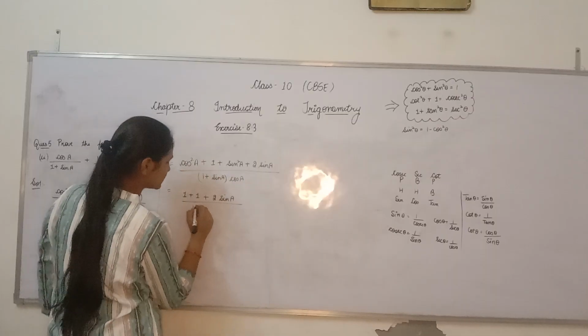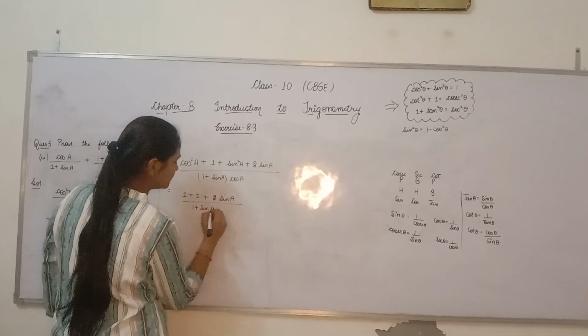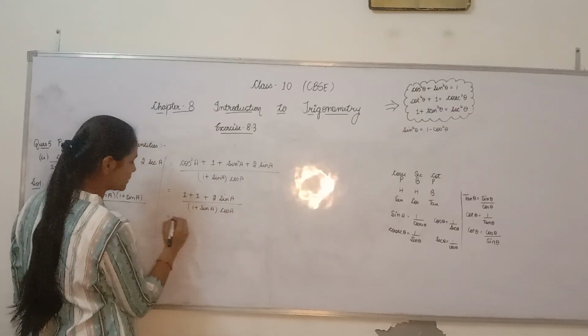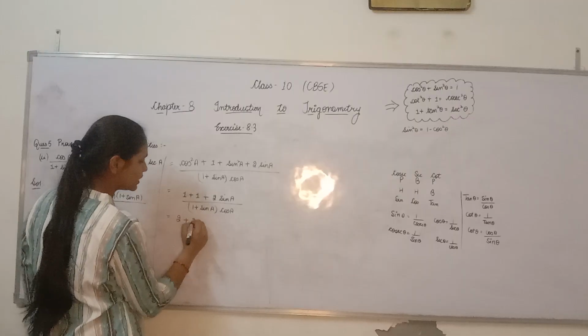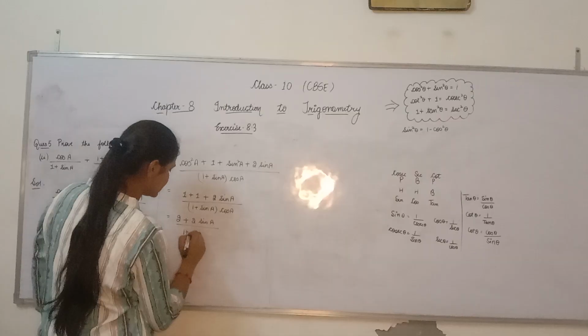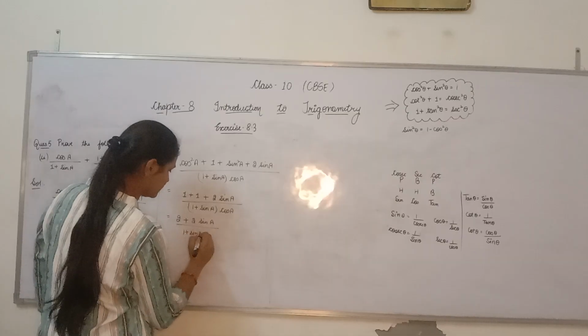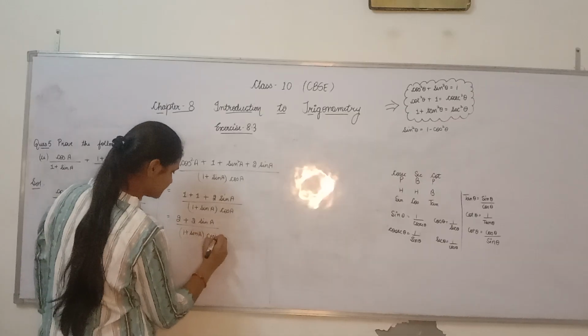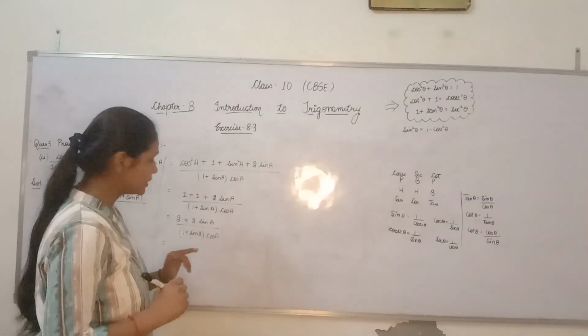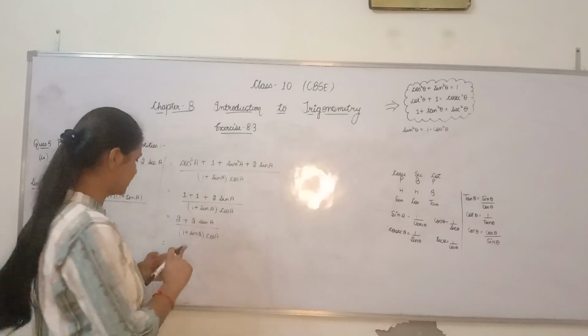So the two ones are added, and it becomes 2 plus 2 sin A upon 1 plus sin A into cos A. Now I will take this 2 common from the numerator.